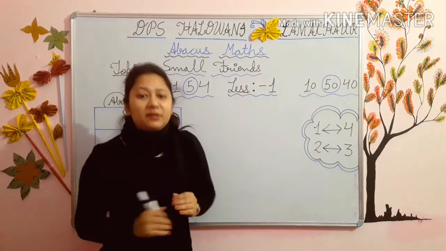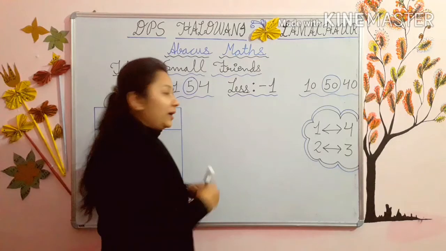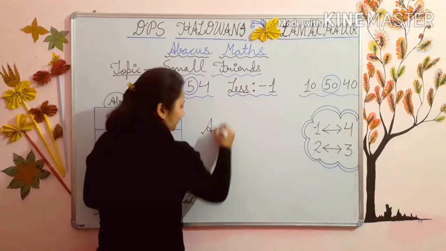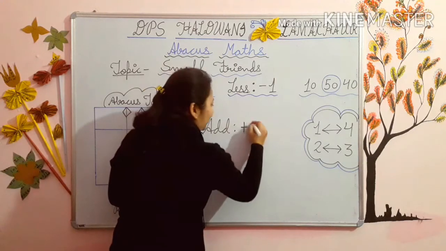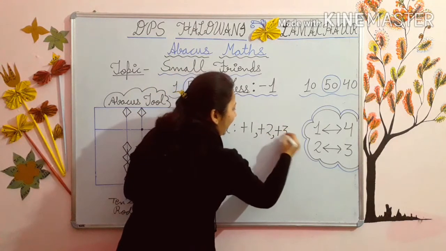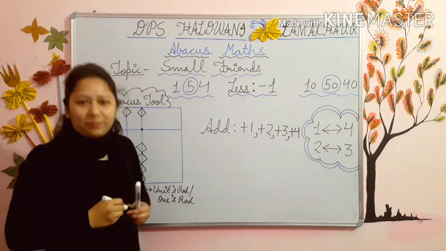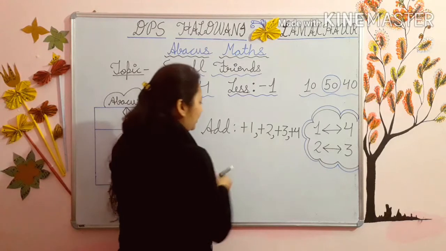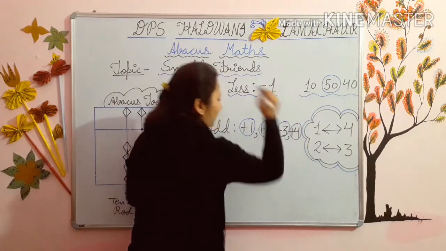Kids, in our previous video we discussed the small friends, but it was add. We have done plus 1, plus 2, plus 3 and plus 4.